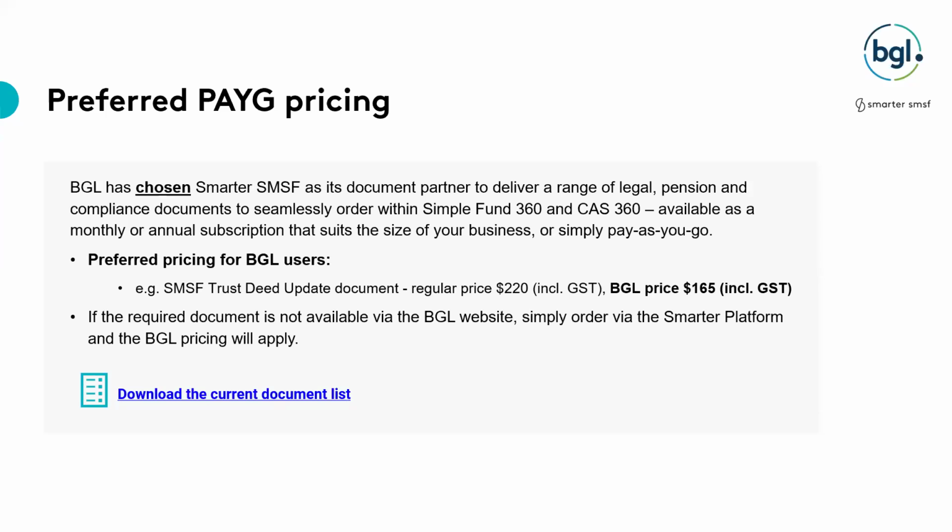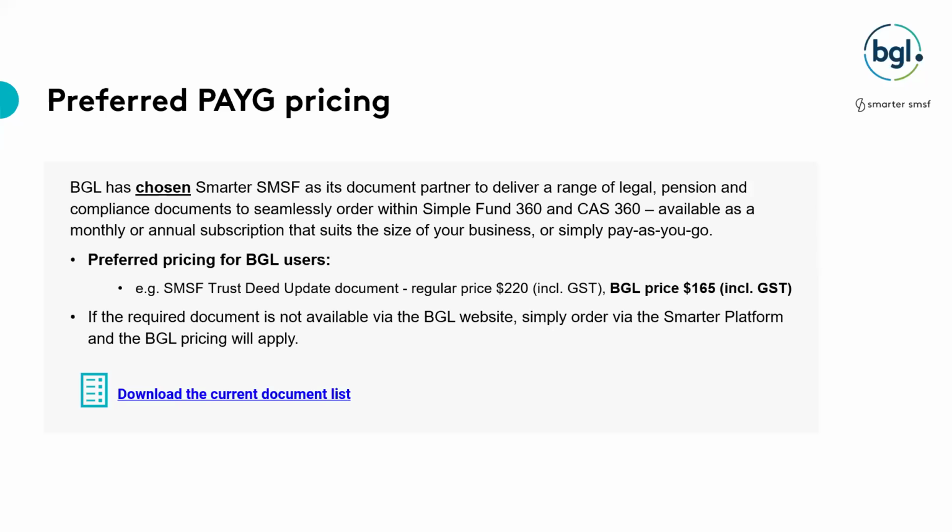Whether you order documents within the Simple Fund 360 process or via the Smarter SMSF platform, the system is smart enough to recognize that you are a BGL user. We apply that relevant tag as part of the process, and the condition will reduce the price accordingly. Those discounts will be anywhere between 5 and 6%, all the way through to 40% on particular documents.